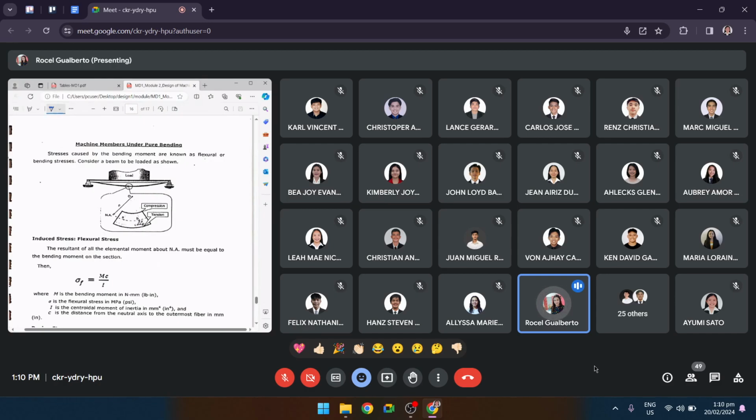When we say beams, these are long straight members which carry loads perpendicular to their axis. This one is our graphical representation of a beam. This slender member, long straight member, is your beam.